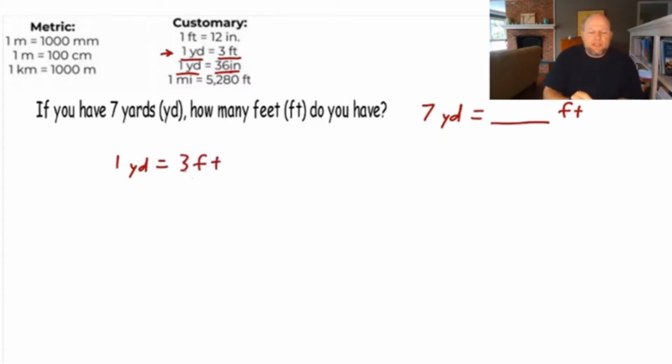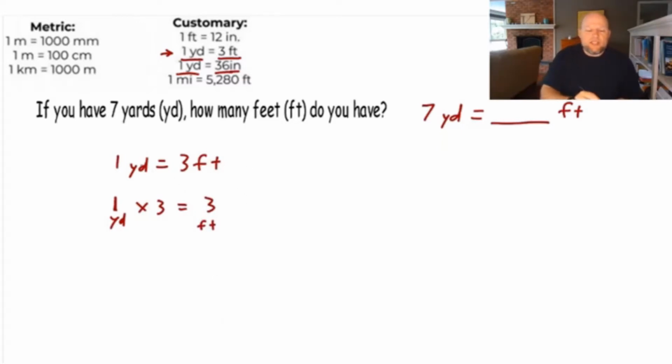So if we look at this in a different way, what could we multiply by 1 to equal 3 feet? Well, we could multiply it by 3. So 1 yard times 3 equals 3 feet.